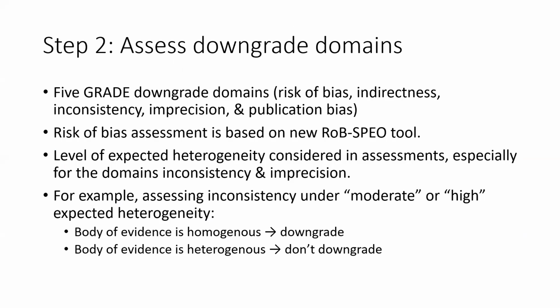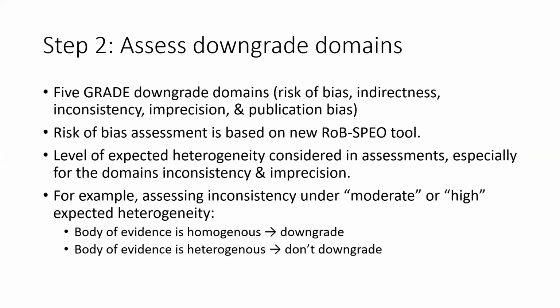Then in the second step, this is probably what everybody is very familiar with, assessors assess along the 5 downgrade domains of GRADE. So they assess risk of bias in the entire body of evidence, indirectness, inconsistency, imprecision, and publication bias.